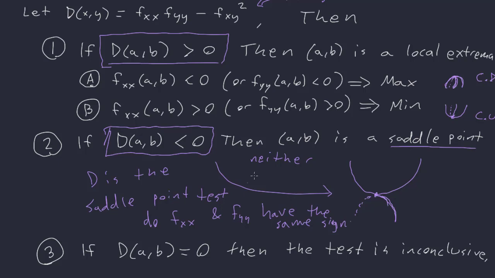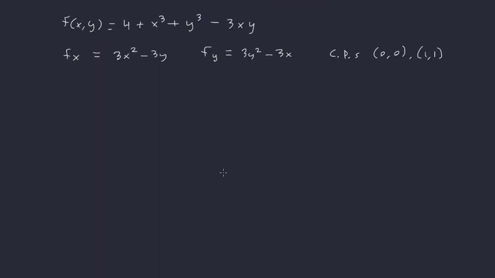I think it's better to see this stuff in action. So let's go back to the examples we looked at where we already have the critical points, then apply the second derivative test, and then take a look at the graph. Back to that first example, which was f = 4 plus x cubed plus y cubed minus 3xy.